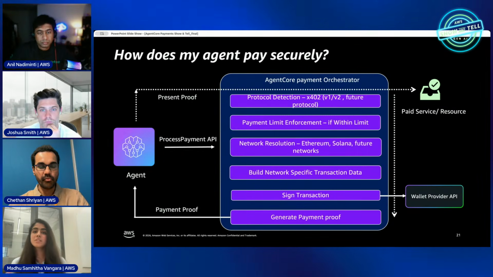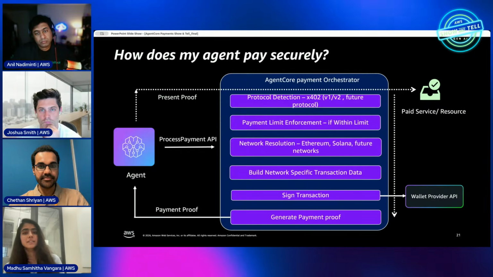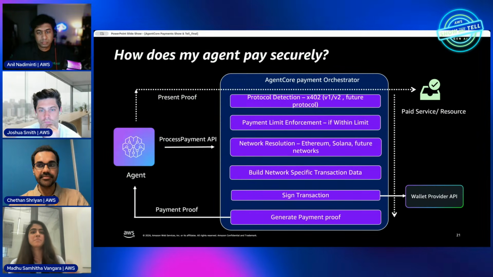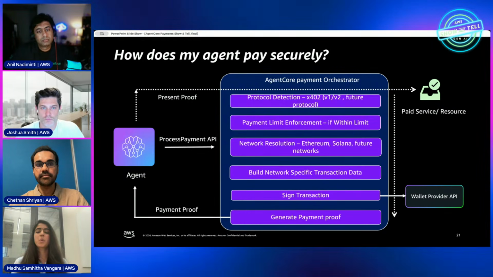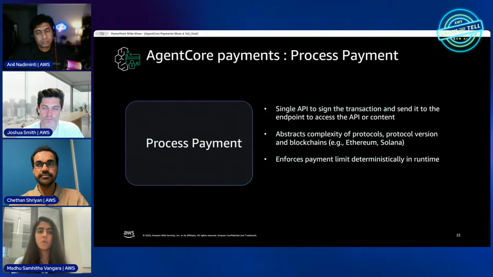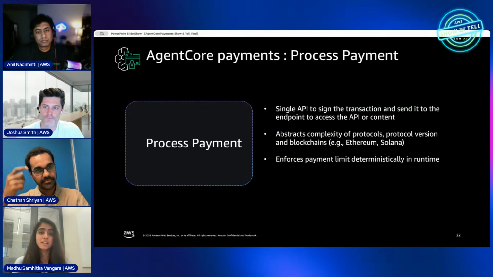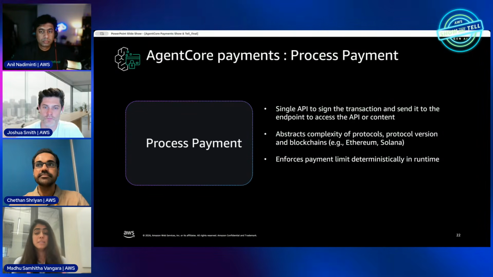And once you've resolved this network-specific transaction data, you need to sign the transaction, generate the proof, and present it back to your agent. All of this happens with a single process payment API, and this is the core of AgentCore Payments. It's orchestrated in a pluggable model where for each payment protocol and provider, the implementation is the same.